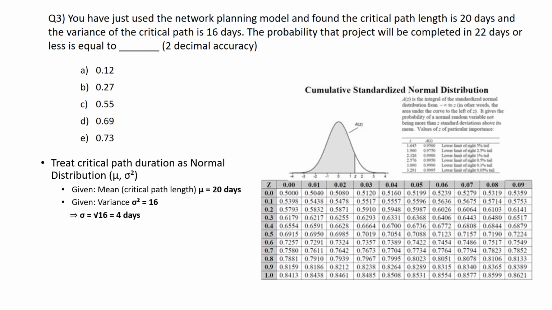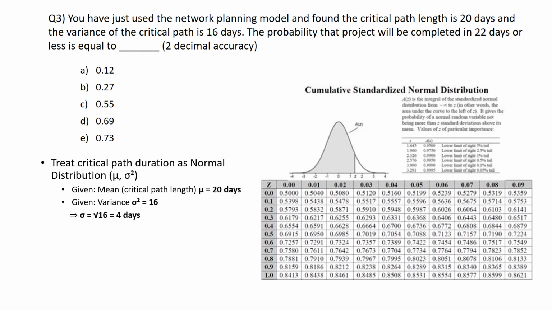There are two elements here, mu and sigma squared. The given is the critical path length, which is 20 days. If we treat that as the mean, mu equals 20 days, and another given one is variance, sigma squared equals 16, because variance of the critical path is 16 days.